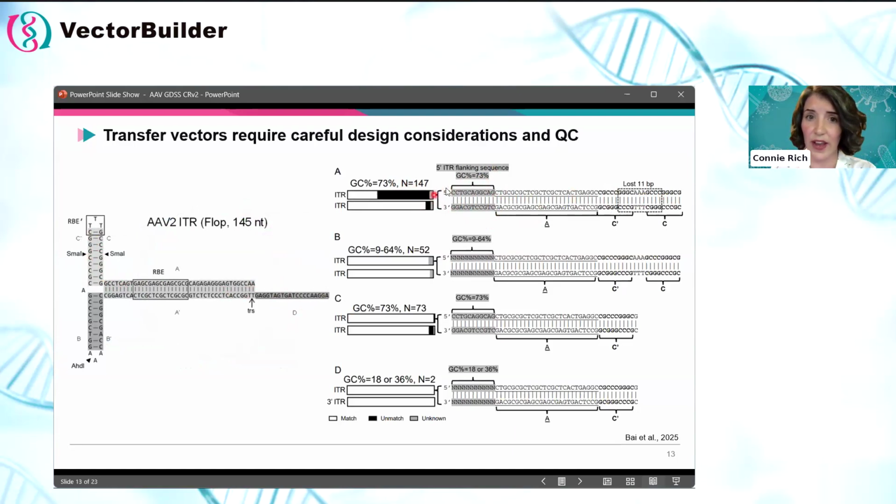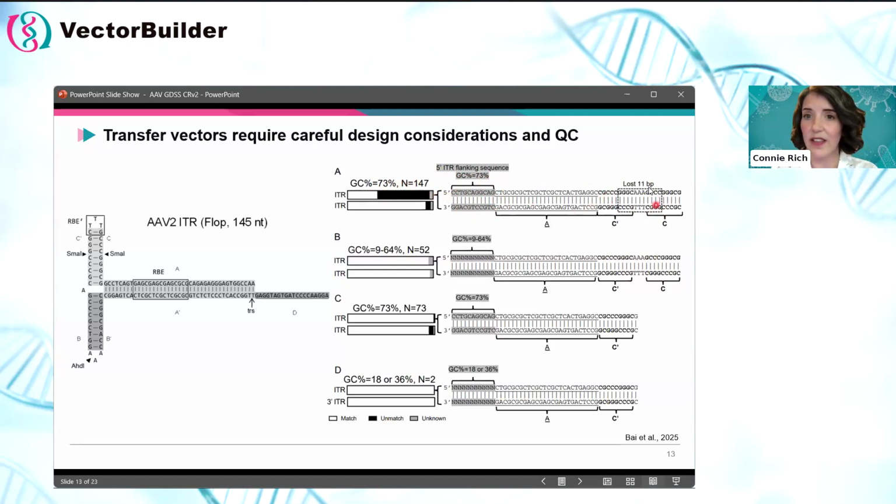So this ITR flanking region is what we have in the transfer plasmid. And if we look at the 5' ITR, when we have a flanking region that has a high GC content, we tend to notice a high mutation rate, up to 60% of these 5' ITRs not matching with the reported sequence.